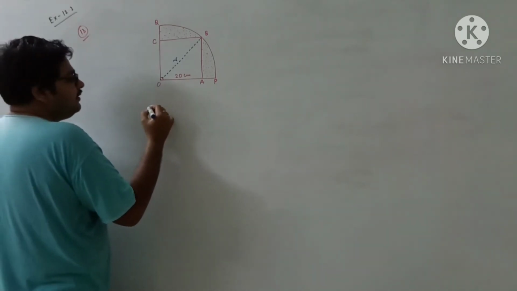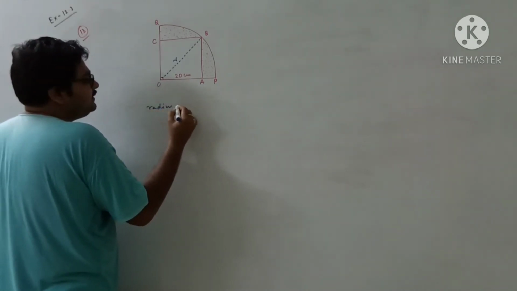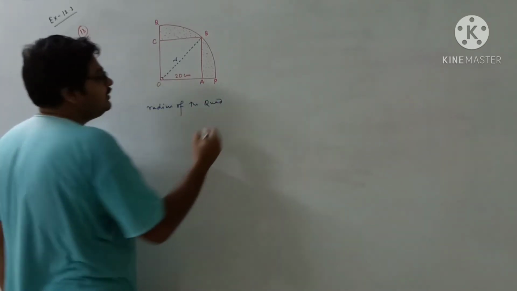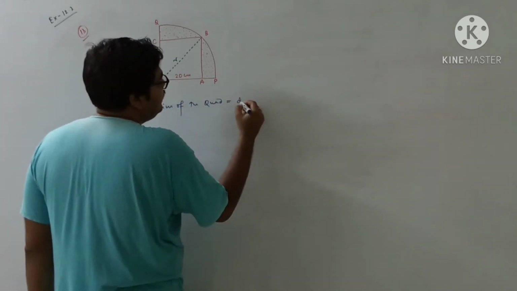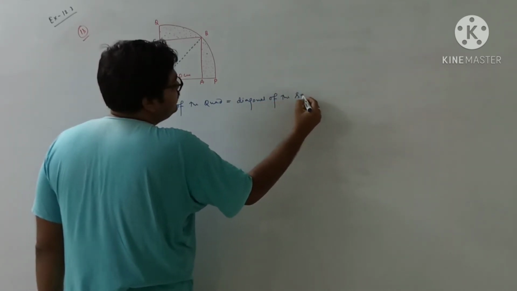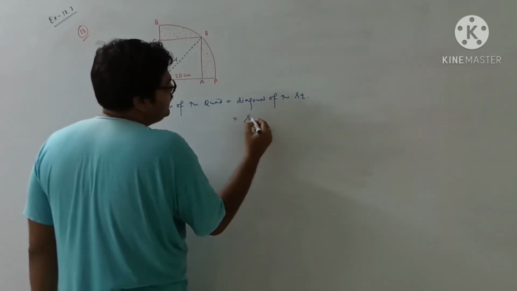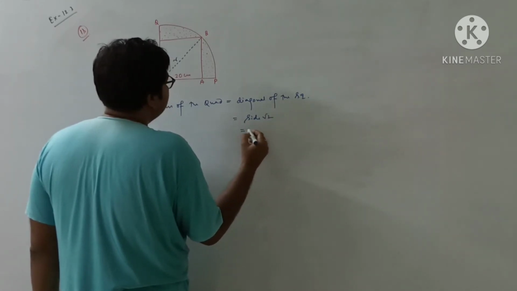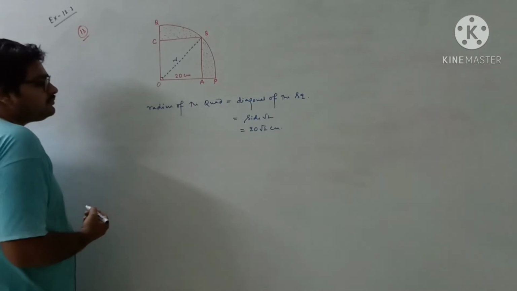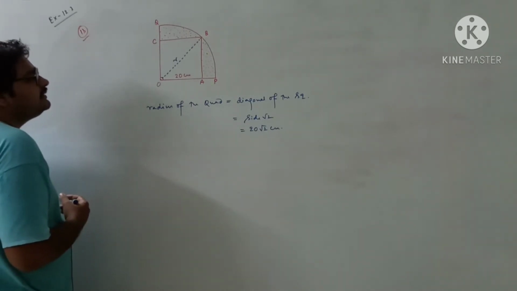So radius of the quadrant equal to diagonal of the square, and the diagonal of the square formula is side root 2, so it's coming 20 root 2 centimeters. So I got the radius of the quadrant.